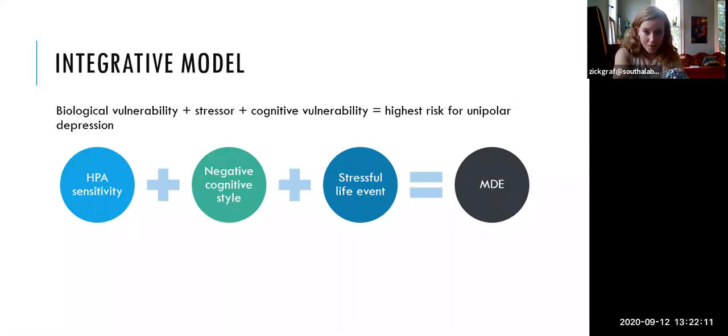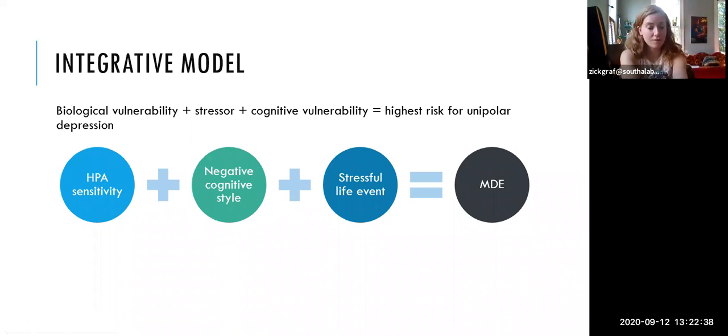So bringing it all home, this is the integrative model of depression that we've been laying out here. Biological vulnerabilities, for example HPA axis sensitivity or imbalances in the monoamine system, can trigger a depressive episode only in the context of a stressful life event, like getting fired from your job, and a negative cognitive style.